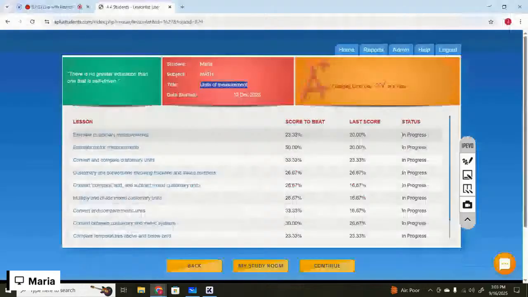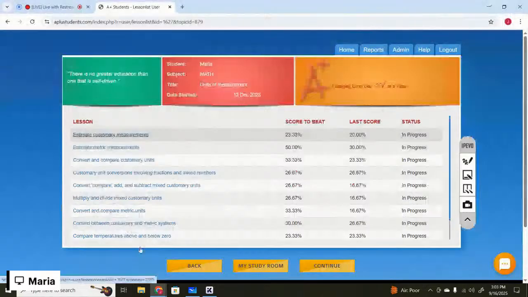Here I am on grade 6 math. The chapter we're on right now is unit of measurement. Let's just start with the first lesson, that is estimate customary measurements.